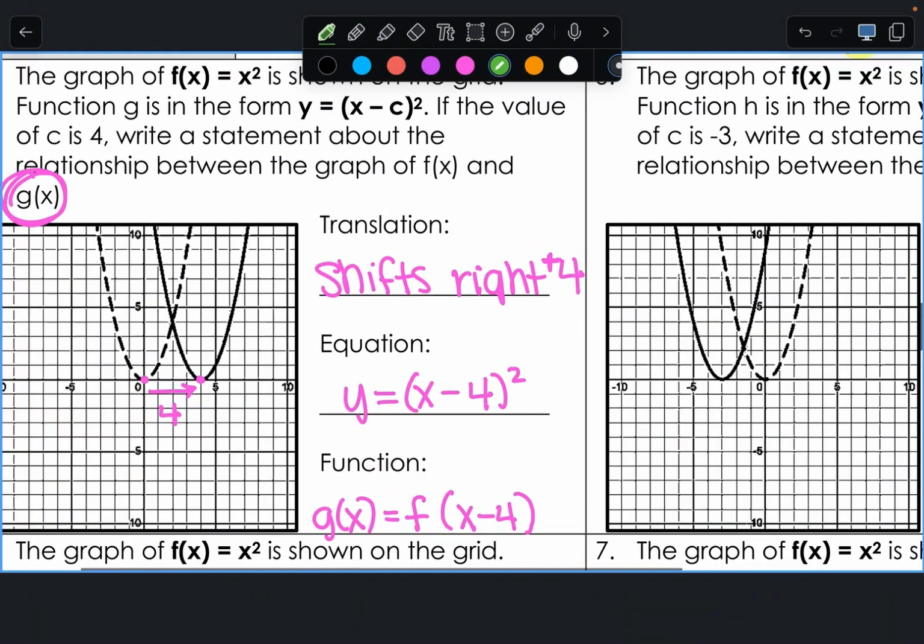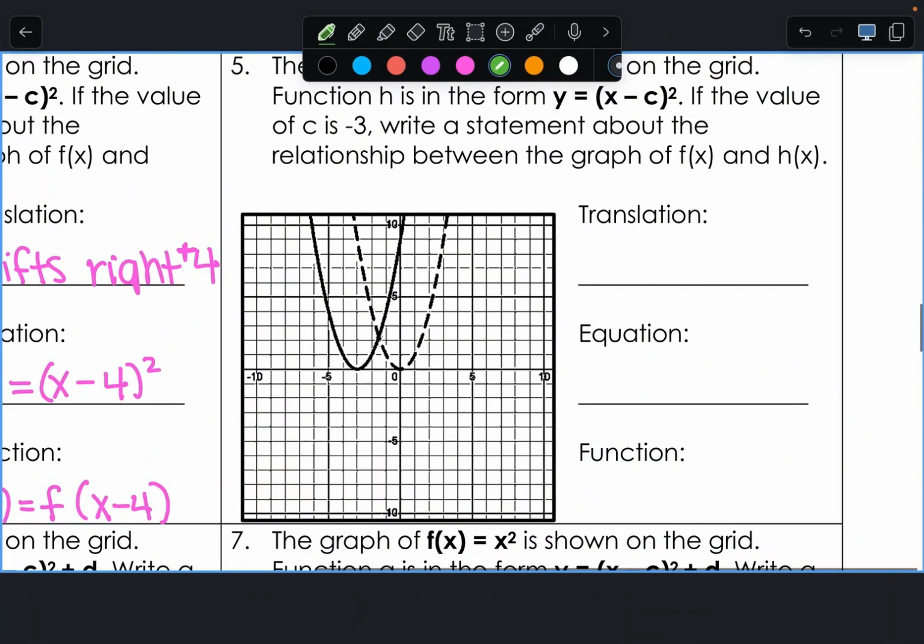The value of c is -3. Write a statement. Look at your vertex. This time we move to the left. How many? 3. Shifts left 3, which makes that 3 what? -3. Keep that in mind when you're writing the equation.